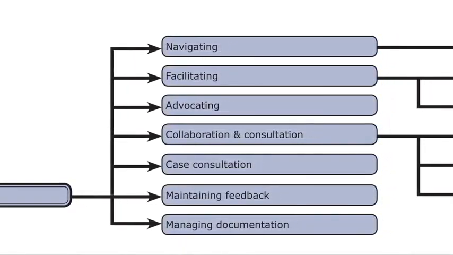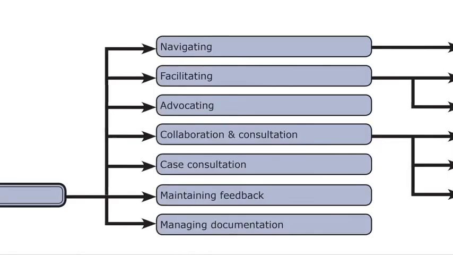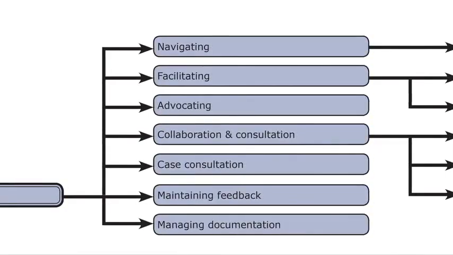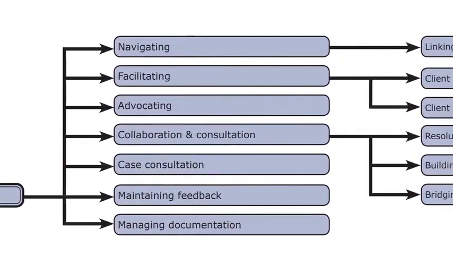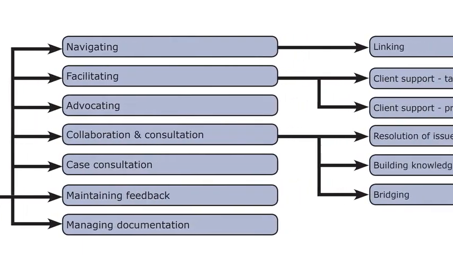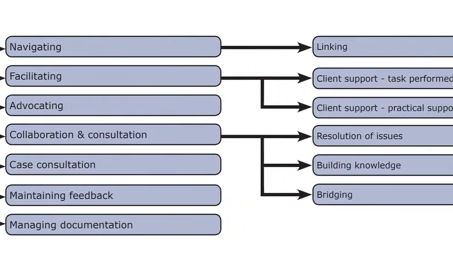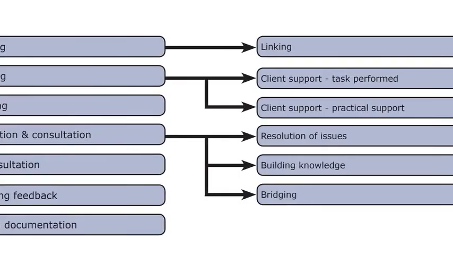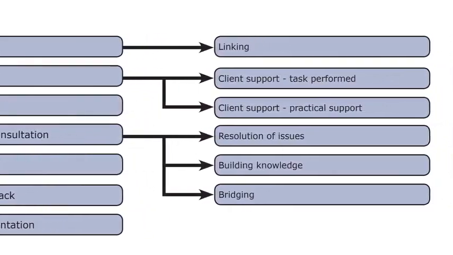And then you can also see, because coordination is critical to case management, that there are also some related actions linking client support, resolution of issues, building knowledge, and bridging.